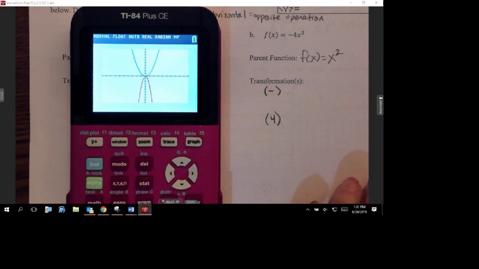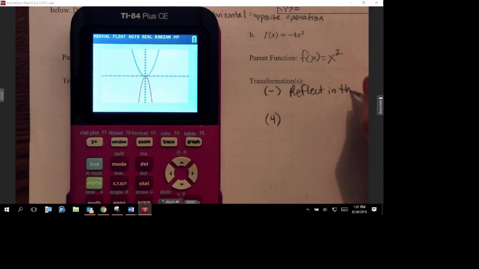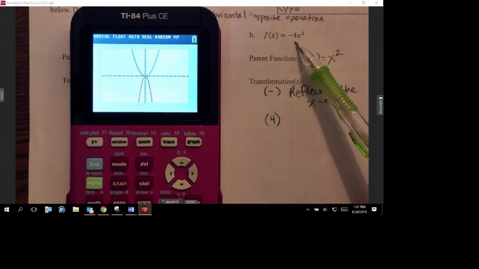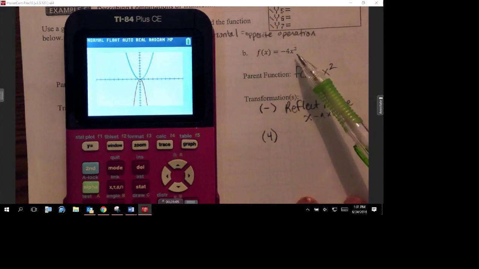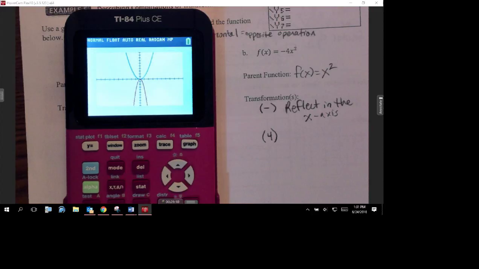So the negative is a reflection. So I will write reflect in the x-axis. And you can look here and you can see how it's flipped down. The second is the 4. So you have to imagine what multiplying a 4 times x squared would do. If we're multiplying a number, what is that one?